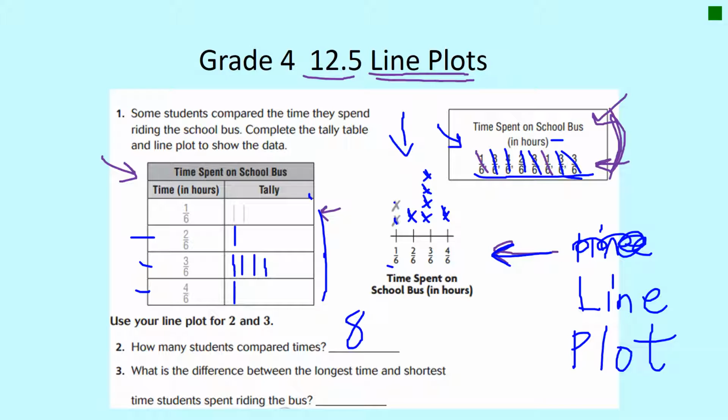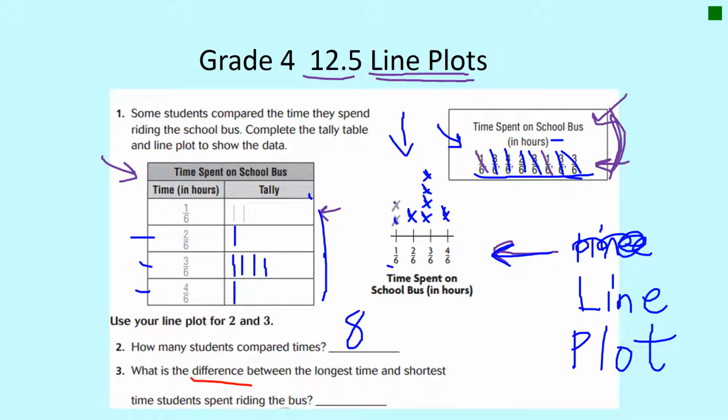All right, let's look at number 3. What is the difference between the longest time and the shortest time students spent riding the bus? What operation goes with difference?